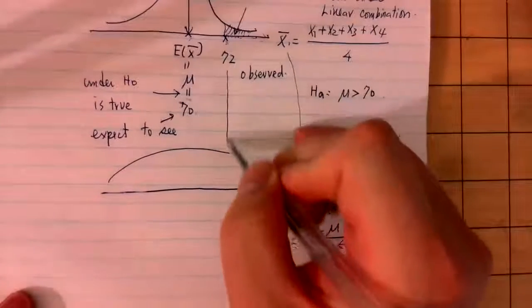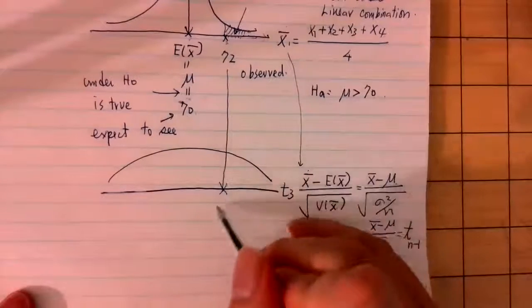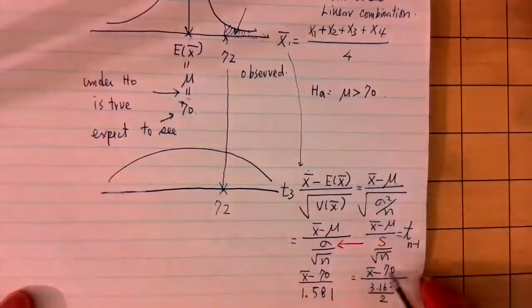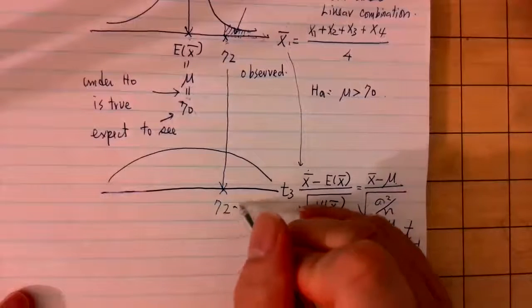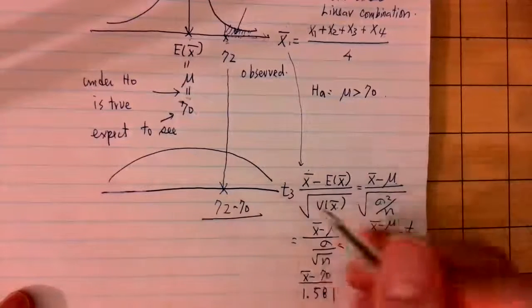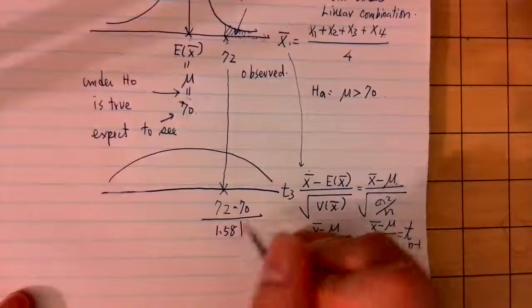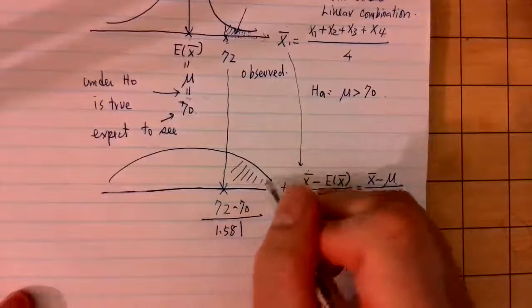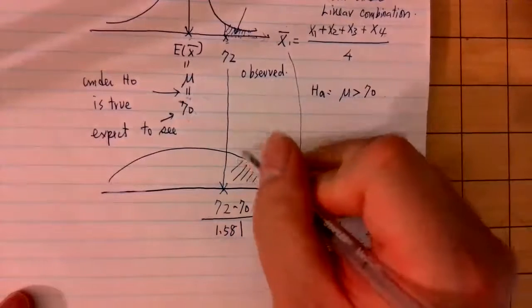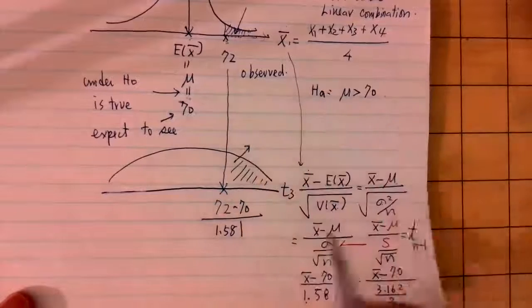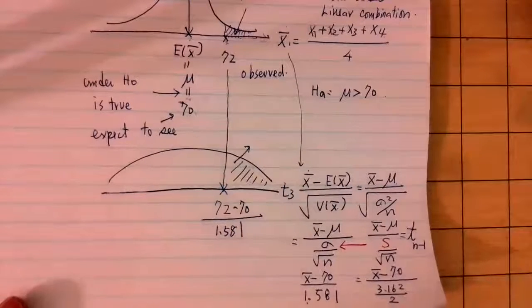So this is how we standardize 72: 72 minus 70, divided by 1.581. This is for the p-value. We will find this one shortly.